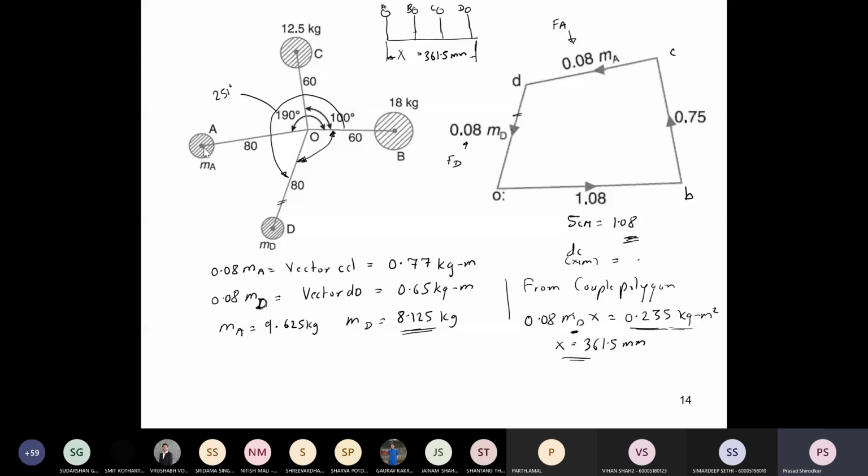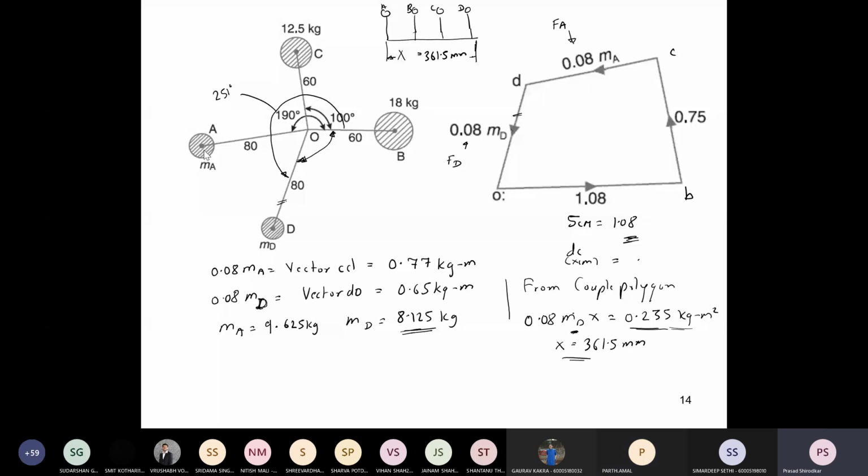Yes, anybody who's getting any other different value? How much deviation is allowed? 5 to 10% deviation is allowed. It depends upon the person who is doing the checking also. Sir, I got 355.6 mm, that's the distance x.